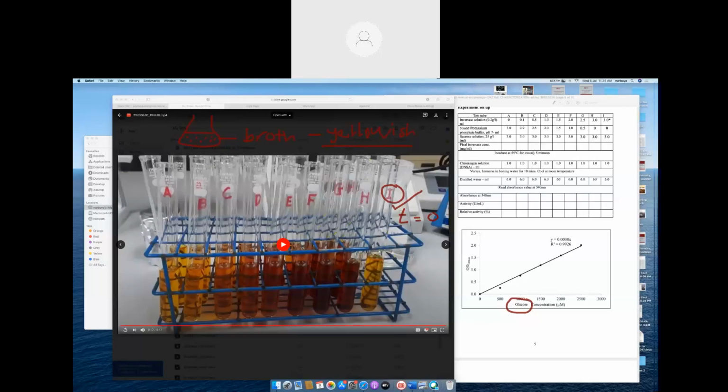Okay, I repeat, if you are working with extracellular expression, extracellular enzyme, where your enzyme will be secreted into the culture medium.